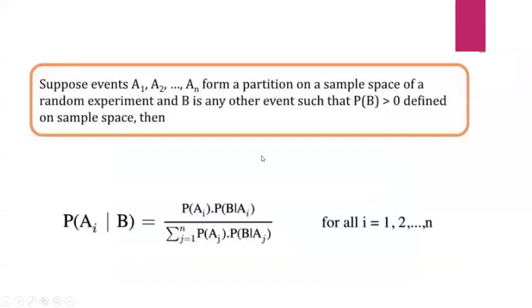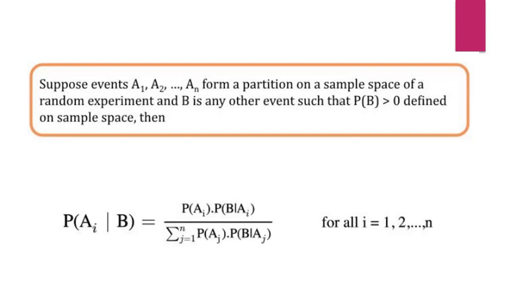Now there are many events. In conditional probability, we were discussing only two events, if you remember, A and B. But here, just assume that there are multiple events, n number of events, A1, A2, up to AN.